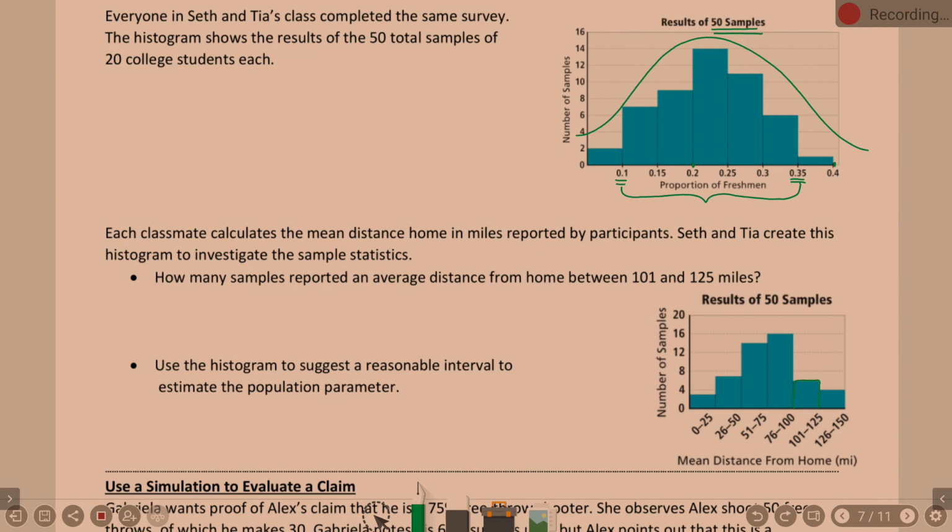Okay, so I'm going to write several of those pieces of information. First one, I'm going to remind us that it is an approximately normal distribution. Throwing that vocabulary in there, I don't want you to forget.